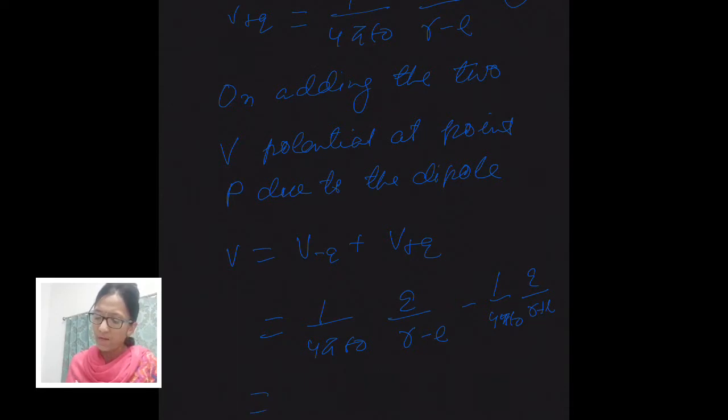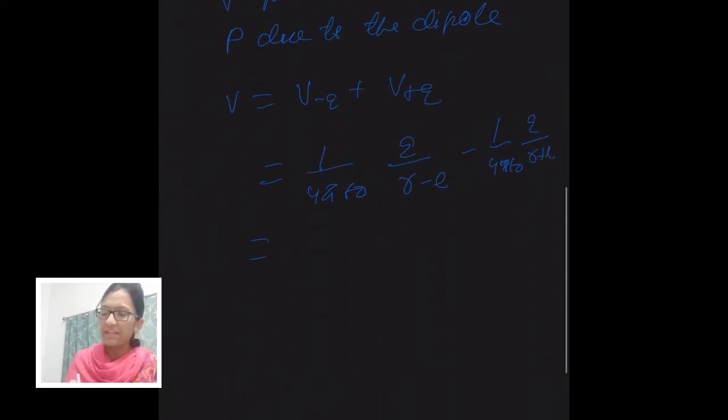Okay, so let us simplify this equation. It is equal to q upon 4 pi epsilon naught, and let us take the LCM of the two.